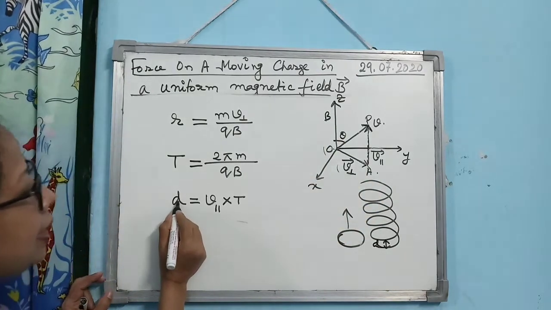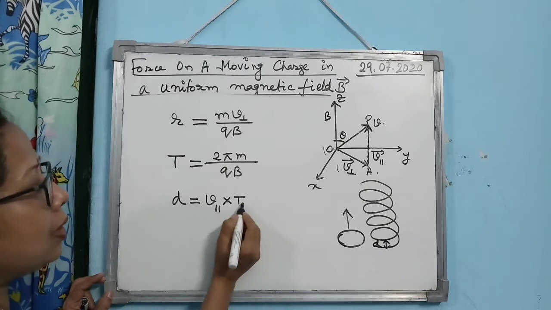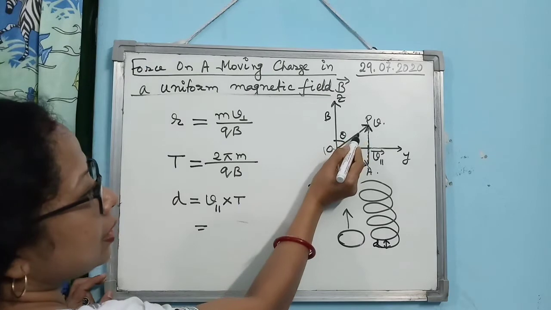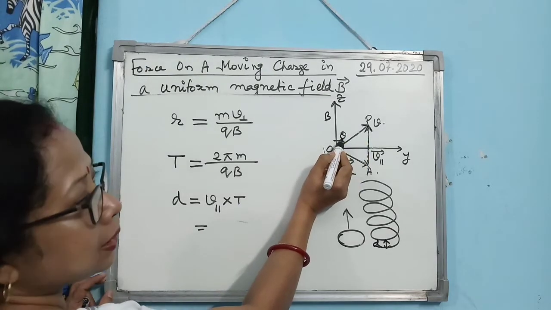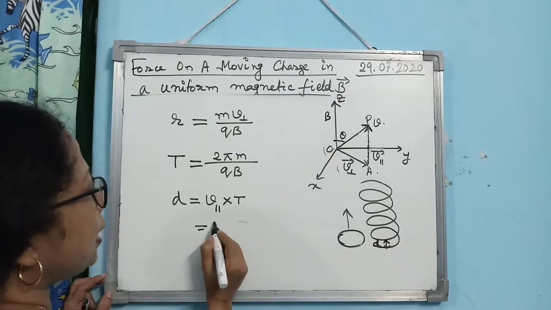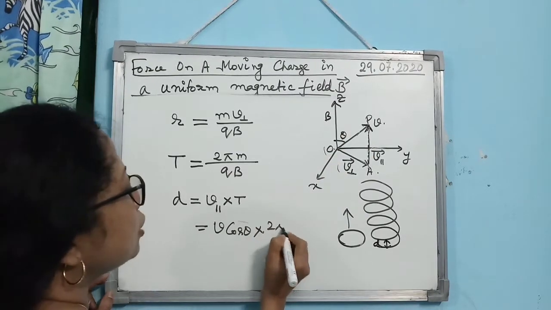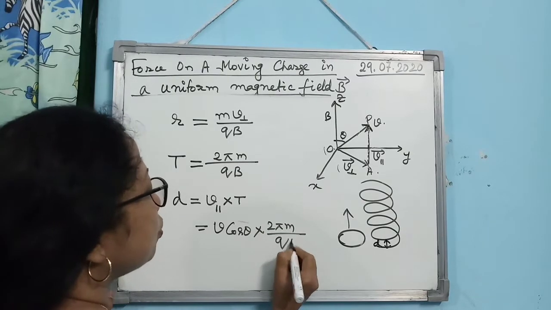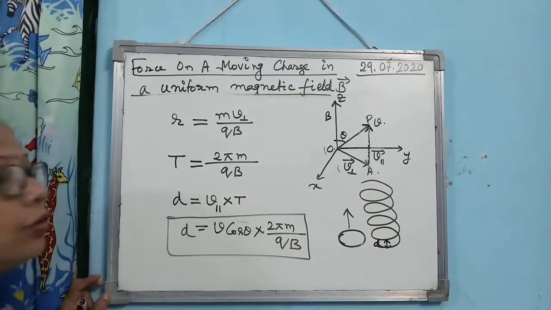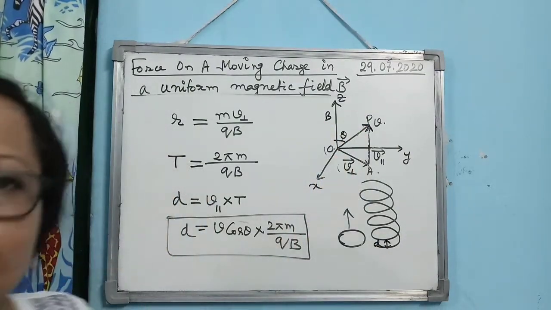So the displacement is V parallel into time. Now what will be V parallel? This is the direction of V and it makes an angle theta, so the component along the direction of B will be V cos theta. And the value of T is 2 pi m by qB. So this is the displacement suffered by the particle along the direction of B.